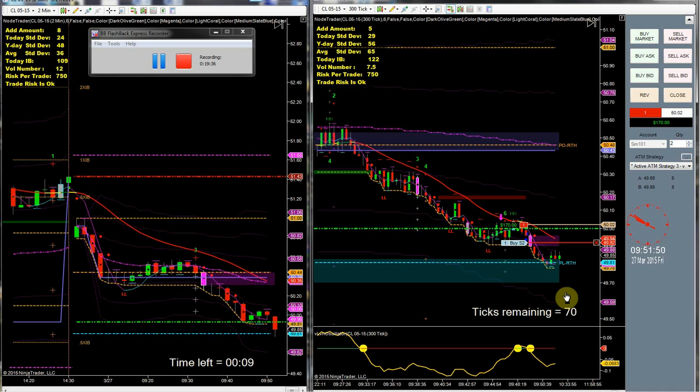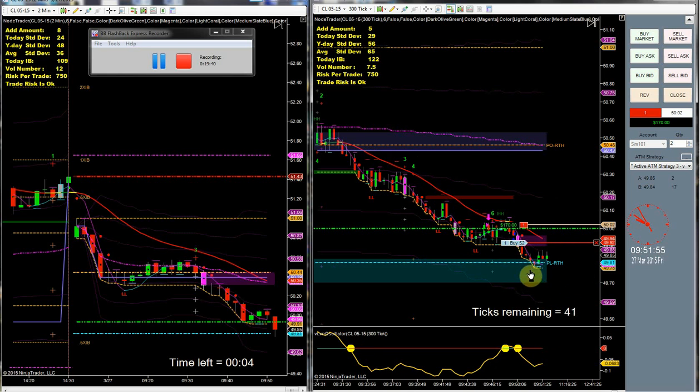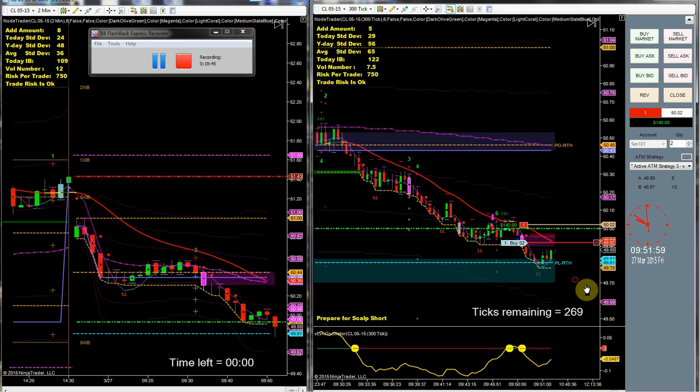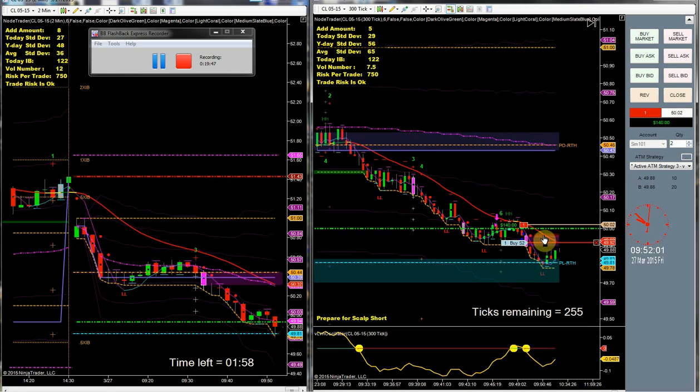Either the market will push up, take us out right here, or it'll push down and get through this buying zone. One of those two things will happen. And this would actually be a great place to take a sell order. But we'll be done after this trade. Or I will, at least.